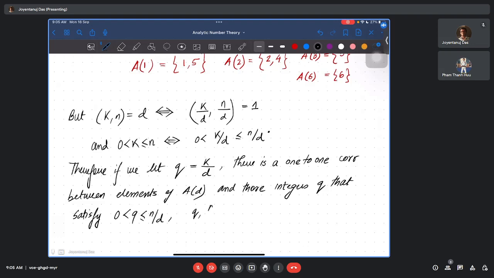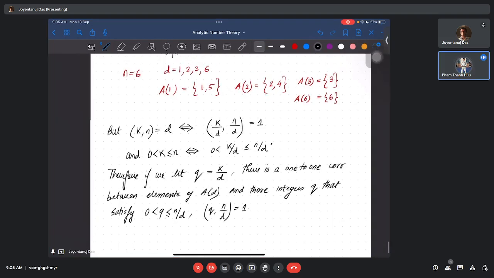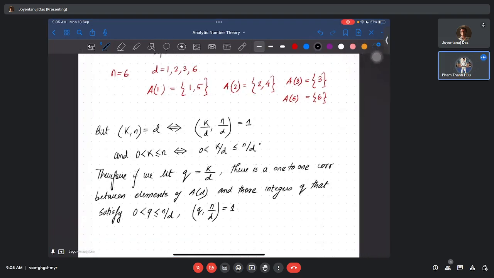where q and n by d have GCD 1, right? That satisfy this. A one-to-one correspondence means that for each element of A of d we have one integer q.